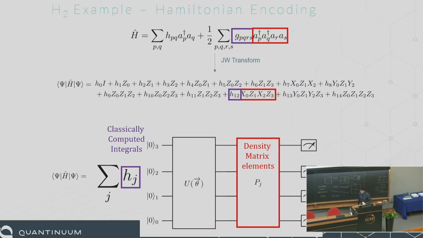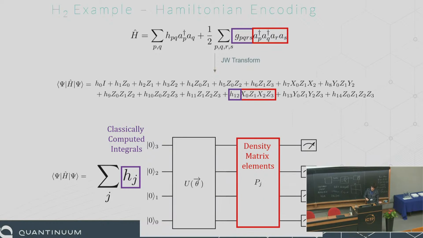And it's similar to measuring the density matrix elements. So basically now, in order to calculate the total energy of the system, you have to prepare your state, and you have to measure the red, which are these Pauli strings, which are applied to these qubits.